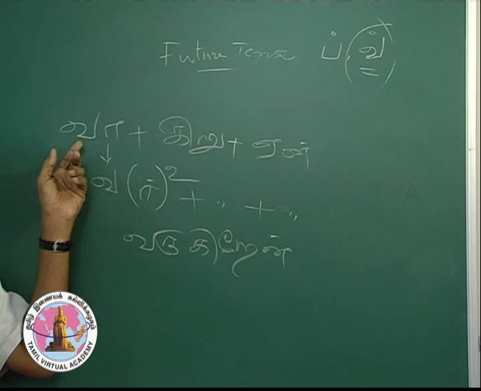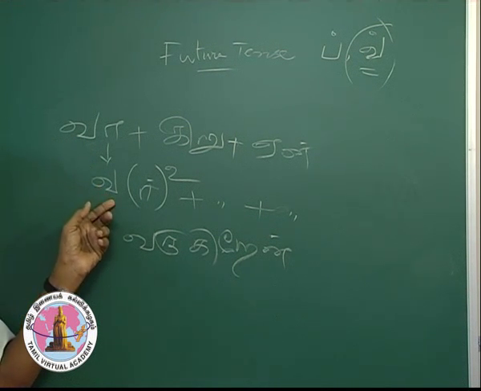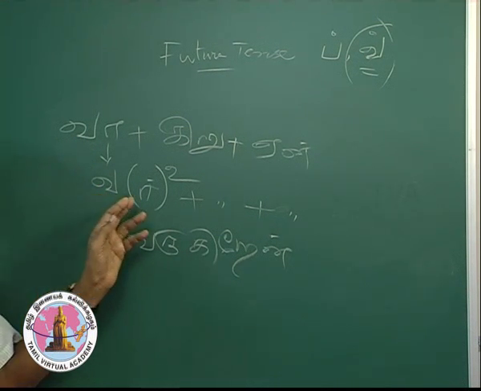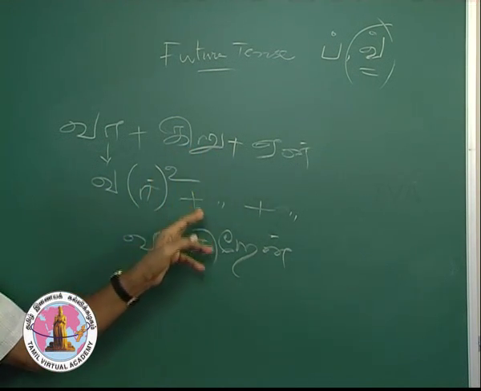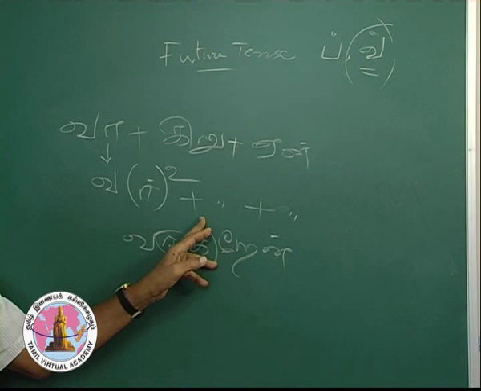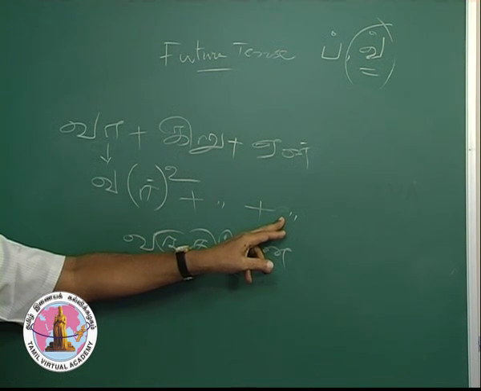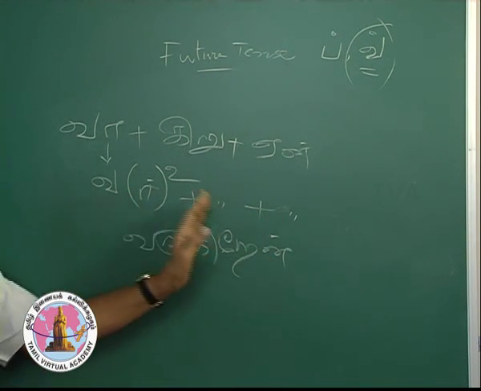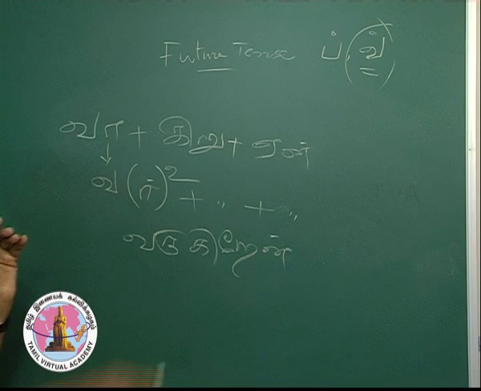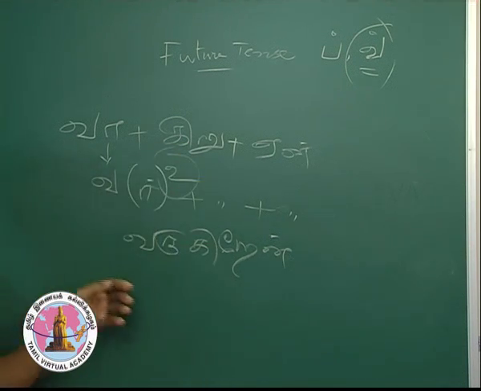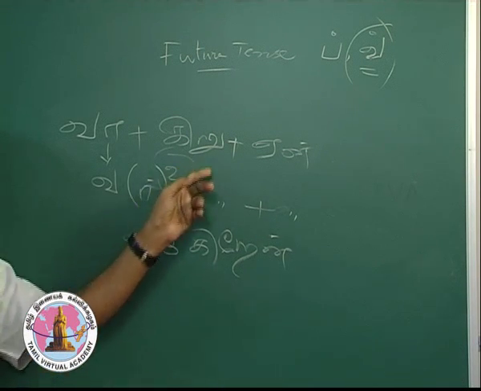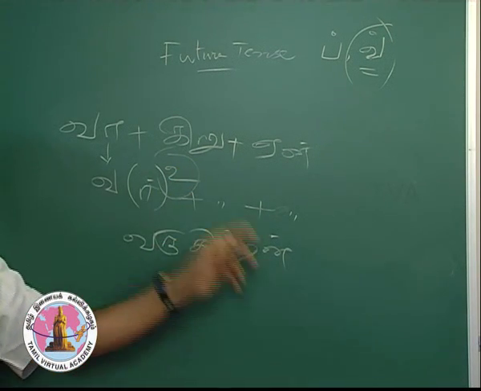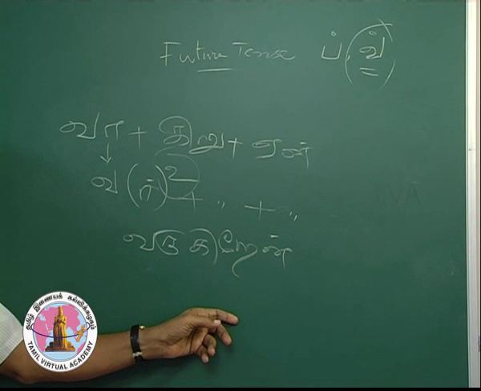Va first of all becomes a short one, va. R is added and the tense marker is taken and the personal marker is added. To cement these two, a vowel is added here and it becomes var plus u, varu, tense marker kiru and en, varugiren.